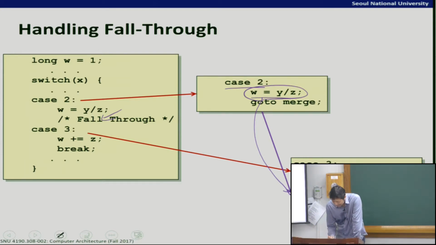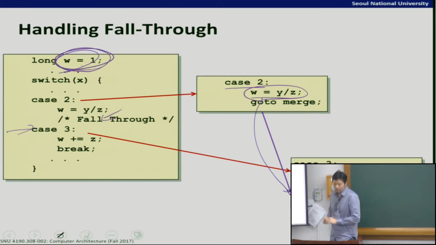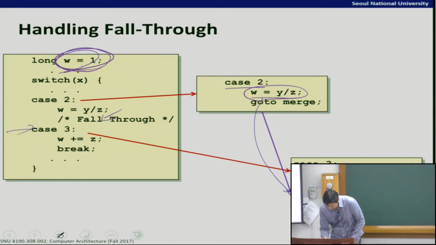What happens if you go to case number 3? If you go to case number 3, you actually have a different value of W, right? In this case, the initial value of W is supposed to be 1 because we initialize the value of W here. So if you go to case 3, the initial value of W will be 1.